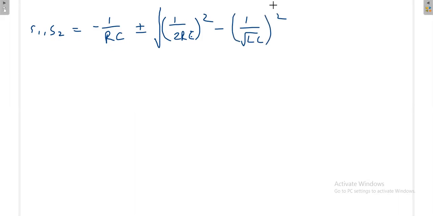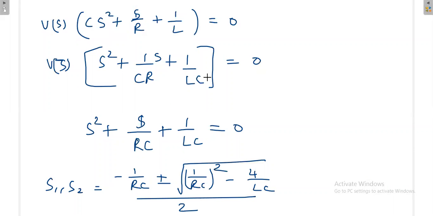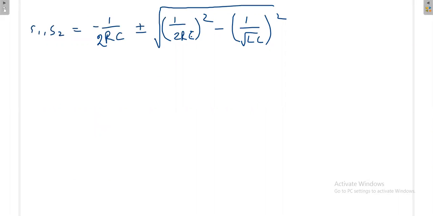Not 4RC, it is 2RC. Just taking the 2 upward. This I'll call alpha, so this is alpha square minus omega naught square.